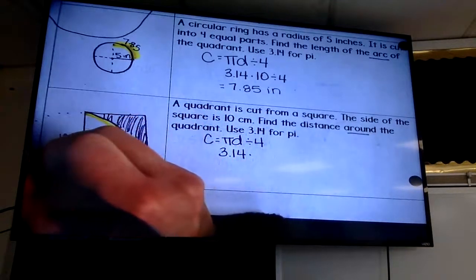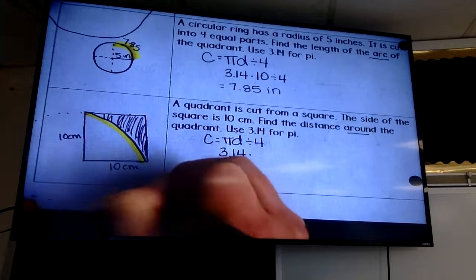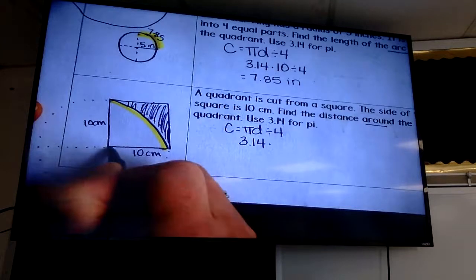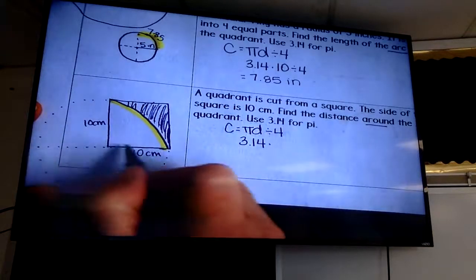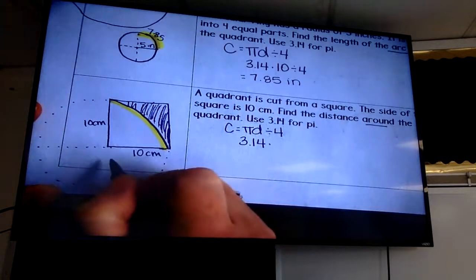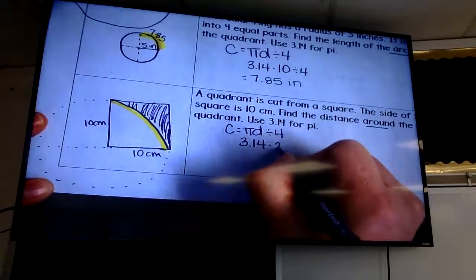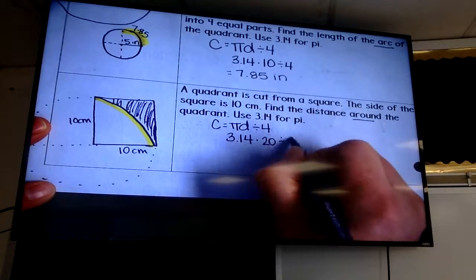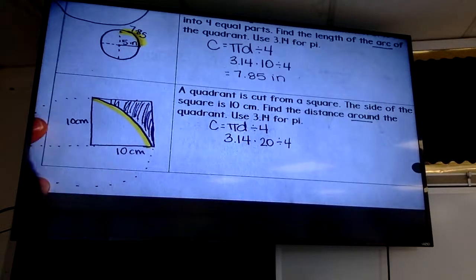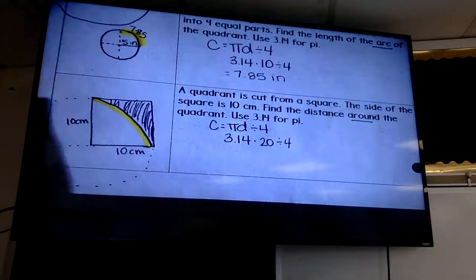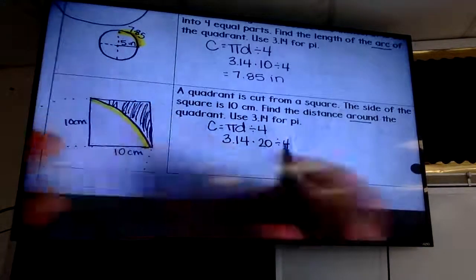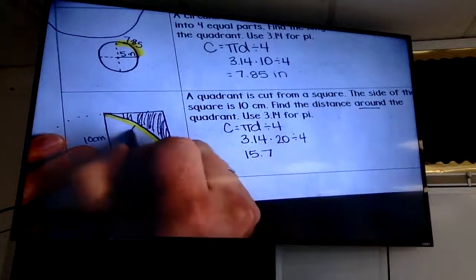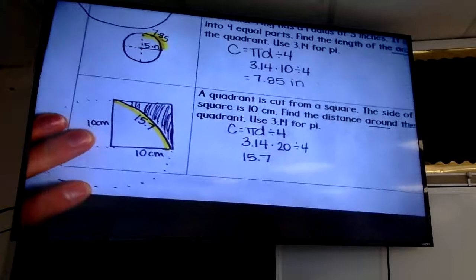Remember, the diameter would be all the way across the circle through the center. Okay, so if I had a full circle, it would be all the way across through the center. I just have a radius. But I know if I do 10 times 2, which is 20, it's going to give me my diameter divided by 4. All right, so let's try it. 3.14 times 20 divided by 4. I get 15.7. So this arc right here is worth 15.7.